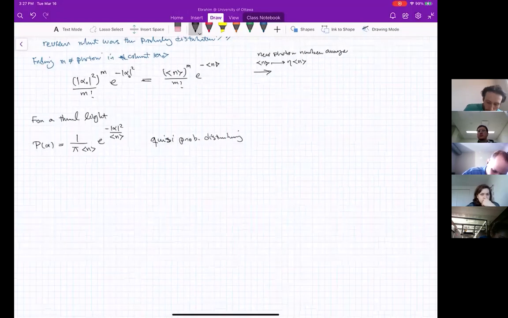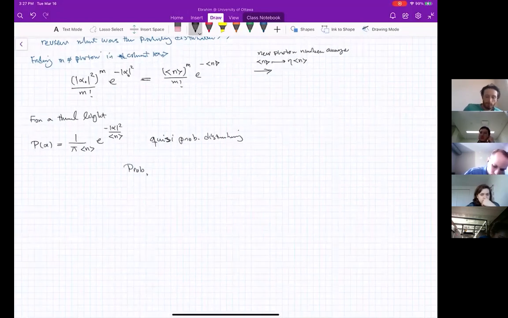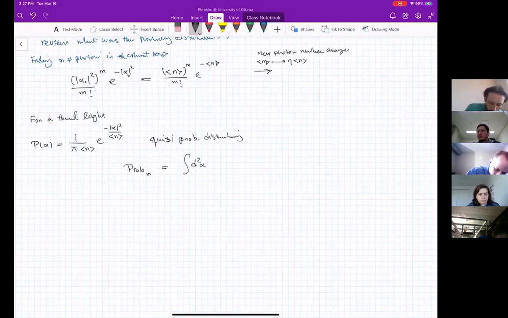Then the probability of detecting m photons with the efficiency of eta is given by the integral of d2alpha, P of alpha, times the action of the detector, which was 1 divided by m factorial, eta alpha squared to the power of m, and e to the power of minus eta alpha squared.